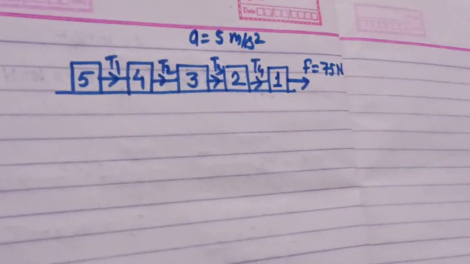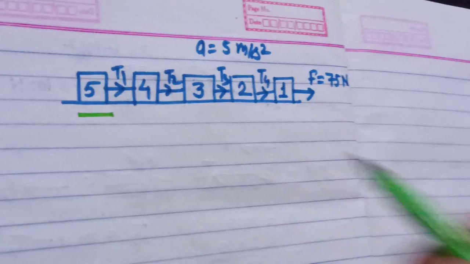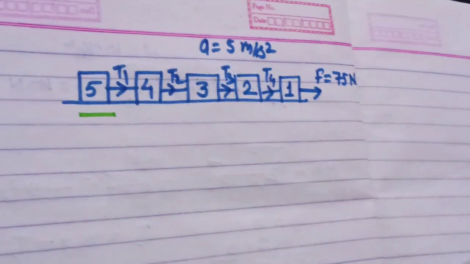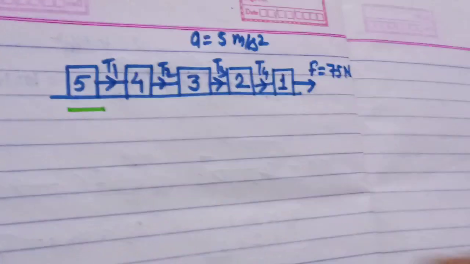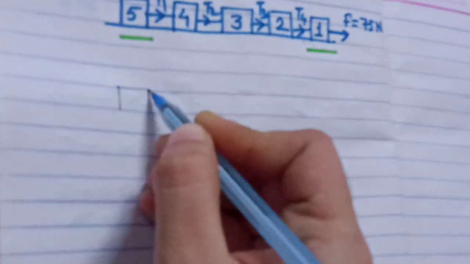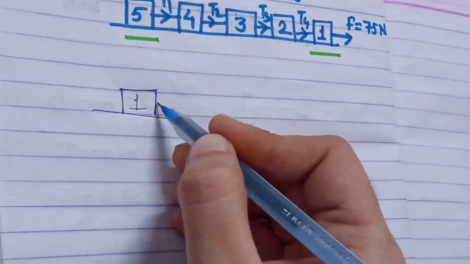Yesterday I started with block 5 kilogram, but today by another method I start with the block 1 kilogram. So first we will draw the FBD of 1 kilogram.